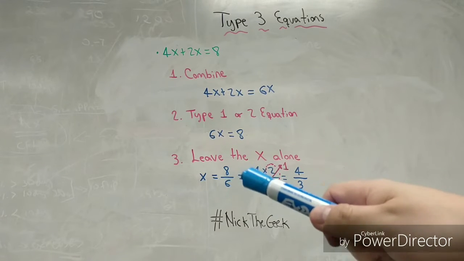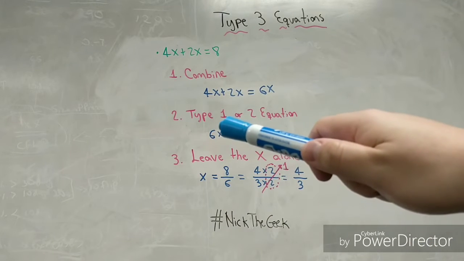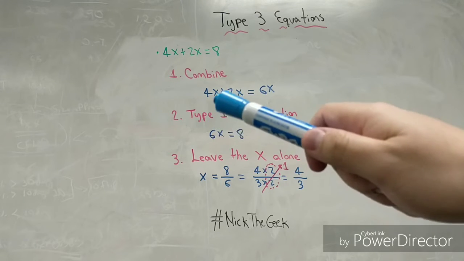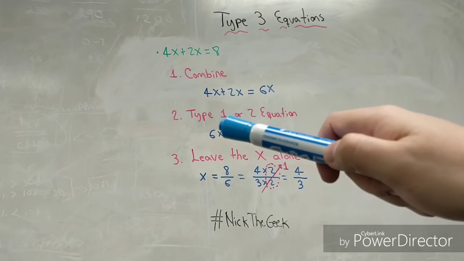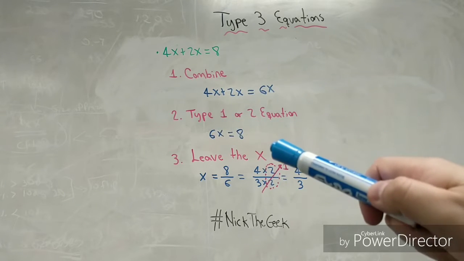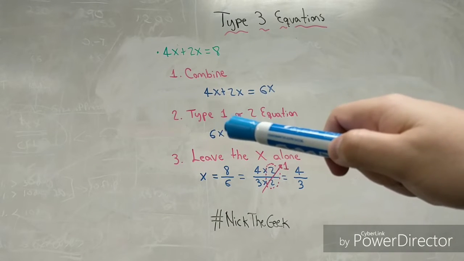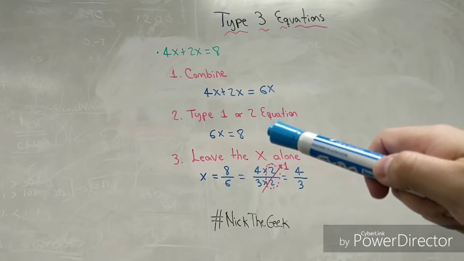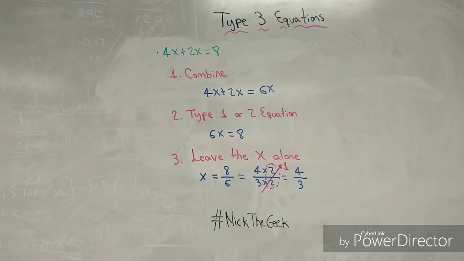So x would be equal to 8 divided by 6, because 6 is multiplying the x here on the left side. If you want to leave the x alone, you just need to move the 6 to the right side. But since the 6 is multiplying the x, if you want to move it to the right side, you just need to make it dividing.